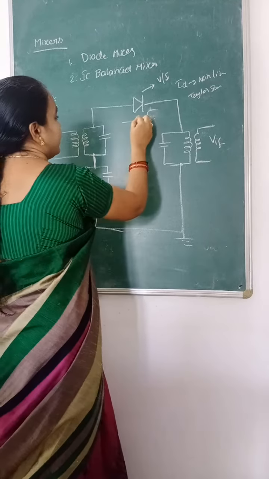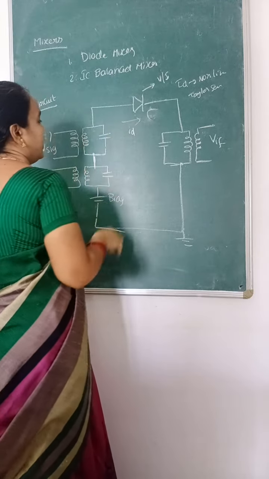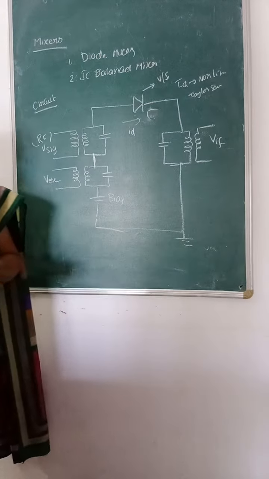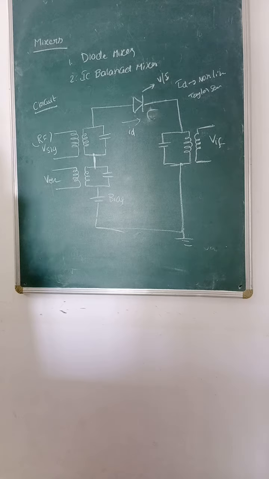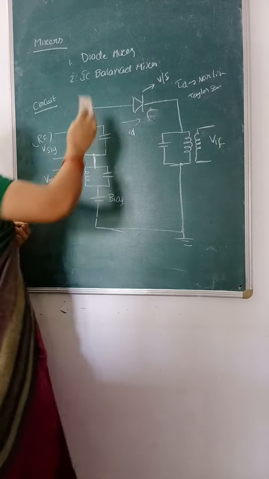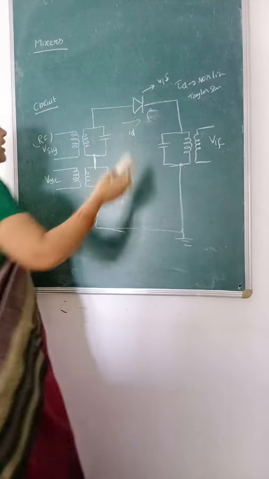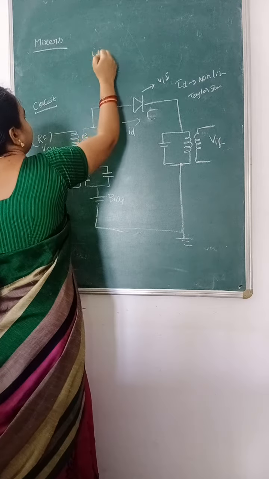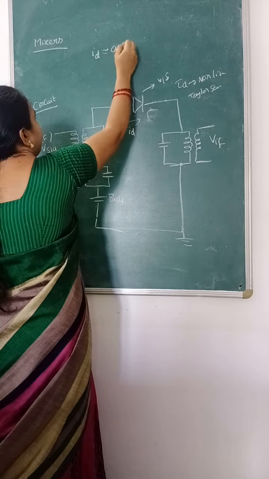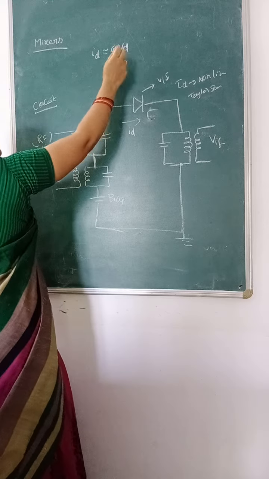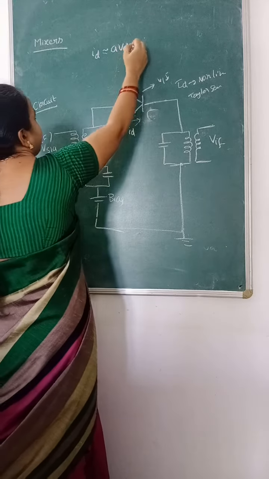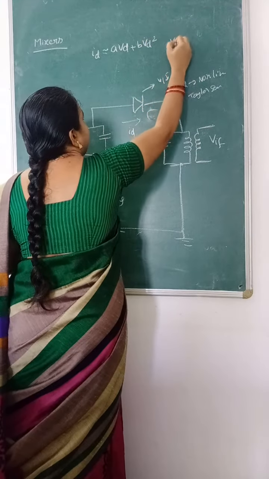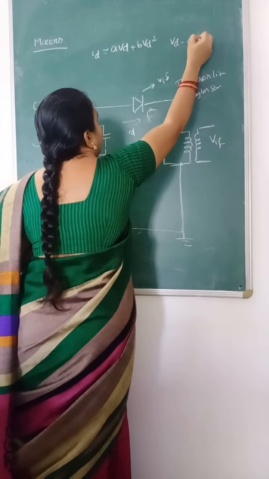Let us suppose that ID is the diode current passing through this diode, given by the expression ID equals A VD plus B VD square, where VD is the diode voltage.